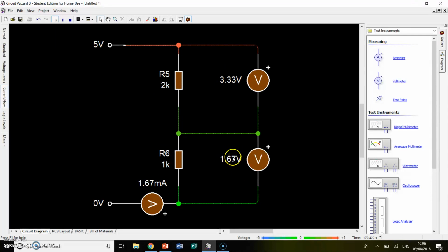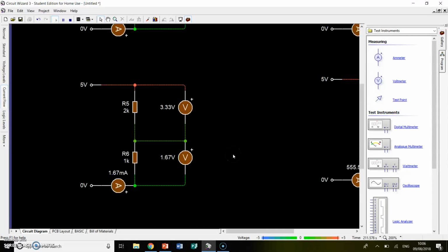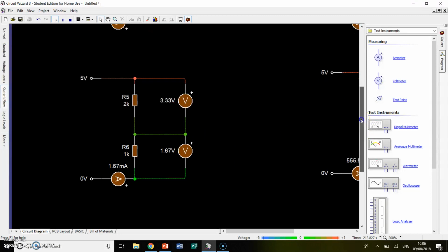But equally, if we add these two together, it comes to 5 volts, because as I said to you earlier, the 5 volts that goes in gets completely used up going across these two resistors so that there is none left at the end. So this voltage and this voltage added together will always equal the voltage going into the circuit. This resistor is twice the size of this, so the voltage across it is twice the size of the voltage across this one.